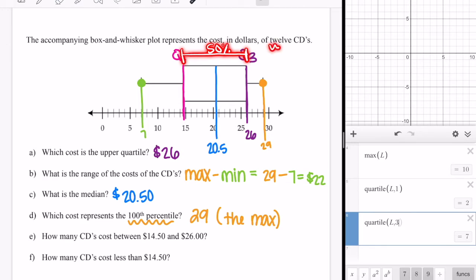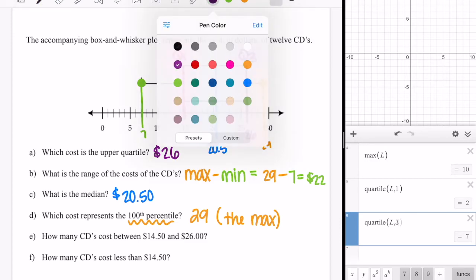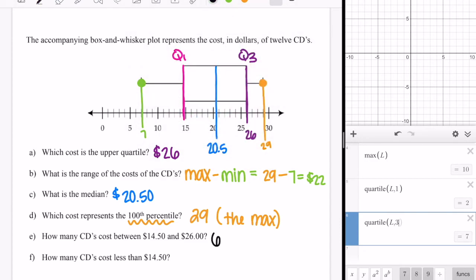We were originally talking about the cost of 12 CDs, and 50% of them are between these two prices. So 50%, or half of the 12 CDs, is going to give us 6, because that's 50% of 12.